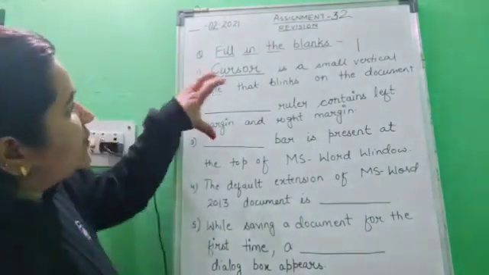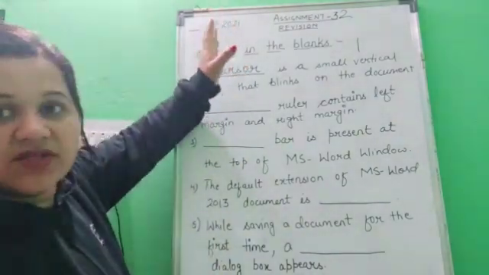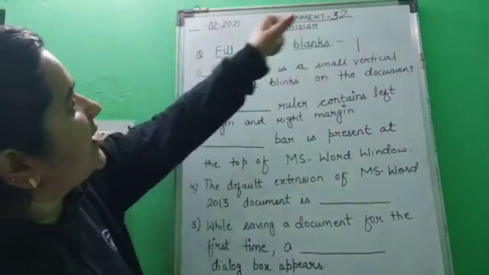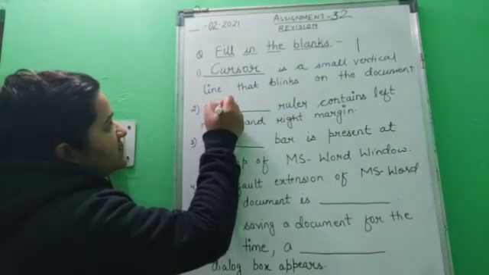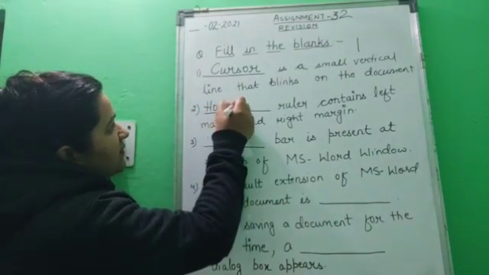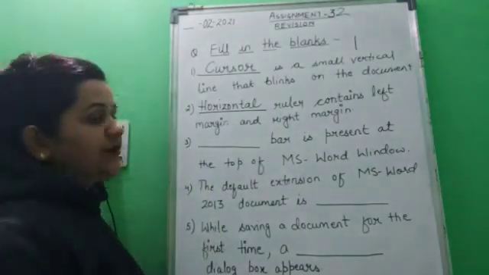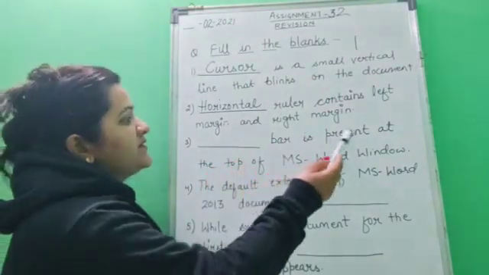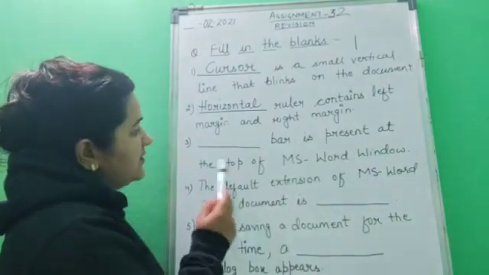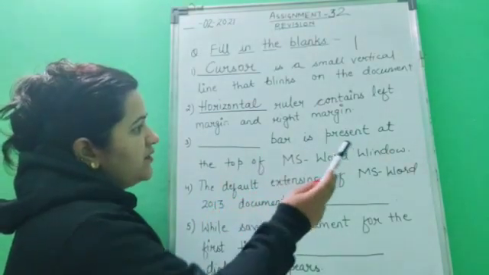So horizontal ruler contains which margin? Left and right margin. So here we will write down horizontal.